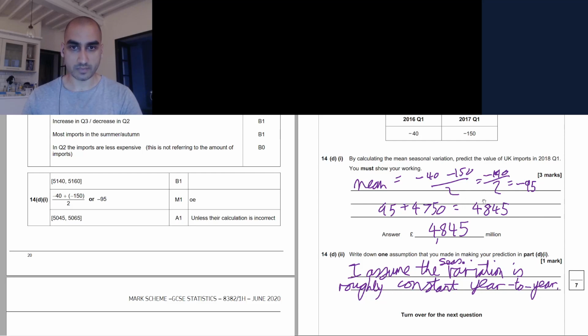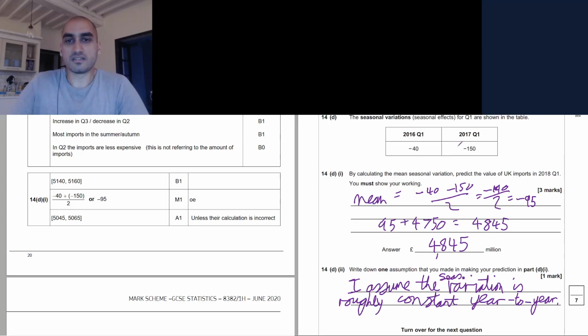So I got M1. Oh yeah, because I didn't know what this even means, this mean seasonal variation. So I didn't know what to do with the minus 95. So what did they do with it? So I got M1.